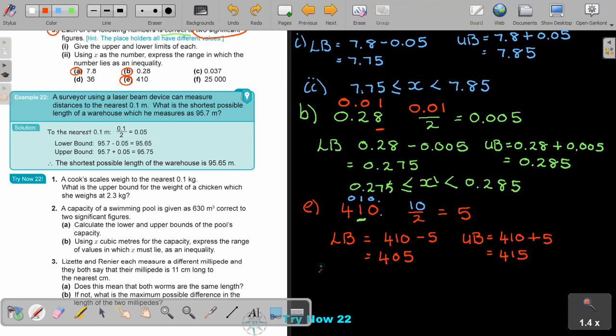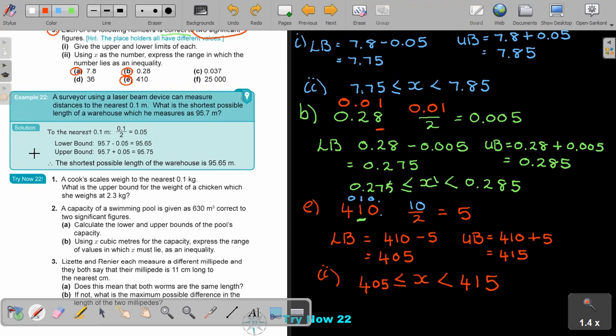And then the range is going to be 405, x, 415. And that is going to be my final answer.